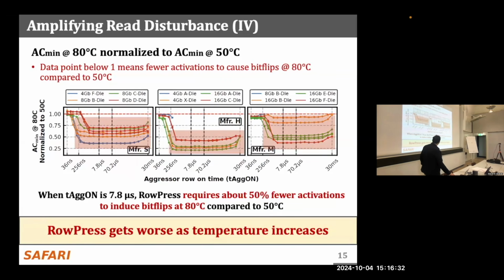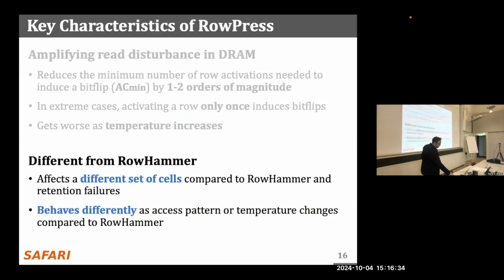This is our takeaway. This is actually part of the proof of the difference between RowHammer and RowPress, because in RowHammer, if you remember from yesterday, it has a more complex relation with temperature. When you increase temperature, it doesn't necessarily mean that RowHammer will get worse all the time. But for RowPress, it's a more straightforward relation with temperature.